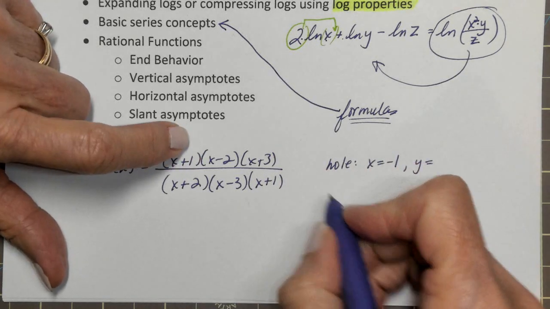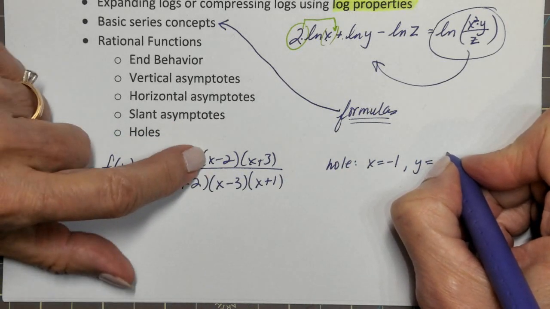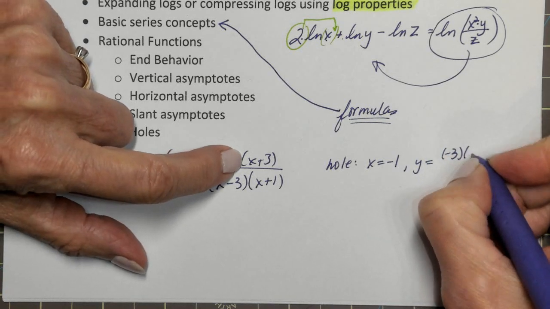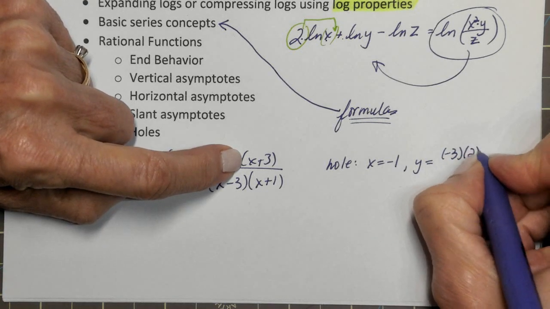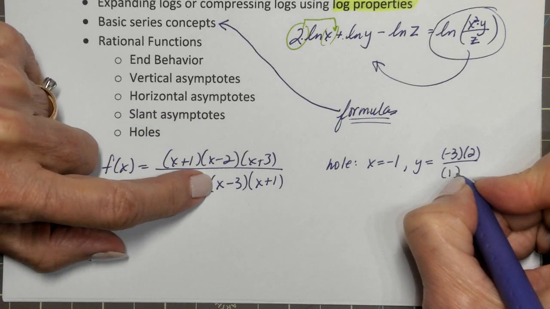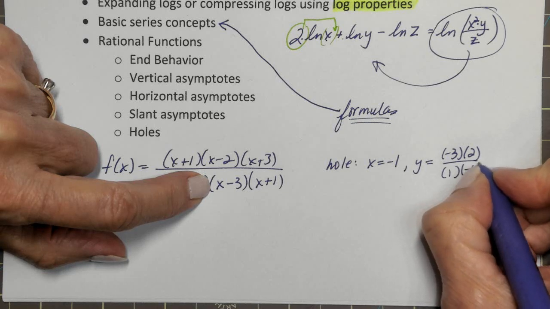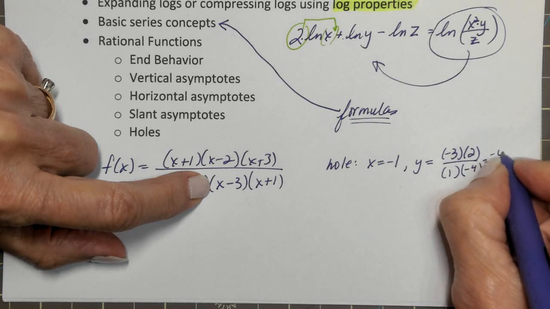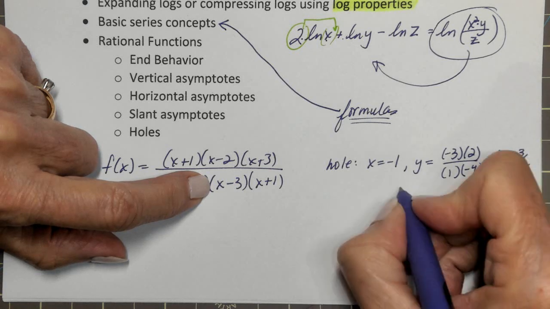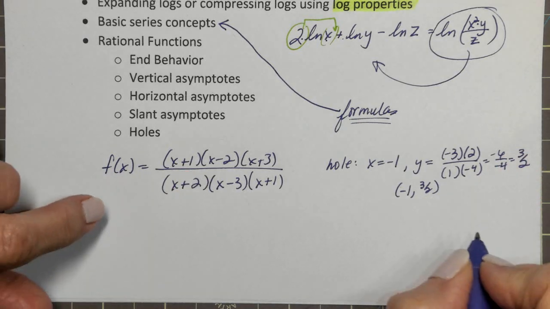So in this case, that y value would be negative 1 minus 2 times negative 1 plus 3, divided by negative 1 plus 2 times negative 1 minus 3. So this would be negative 6 over negative 4, which is 3 halves. So the hole would be at the point negative 1, 3 halves. Okay?